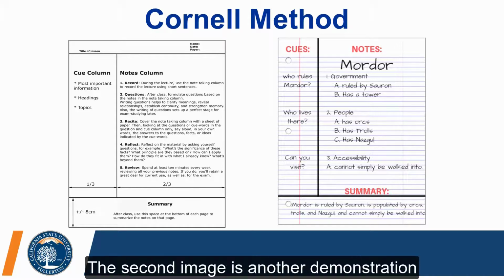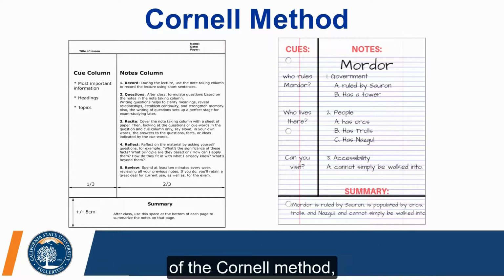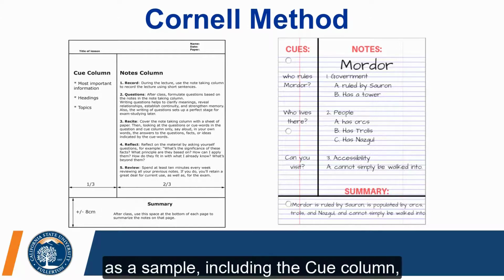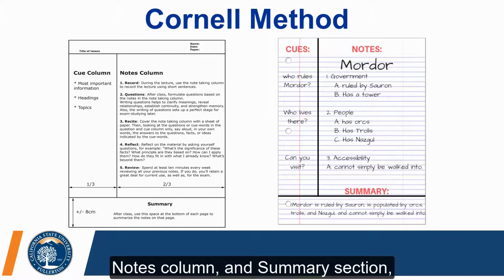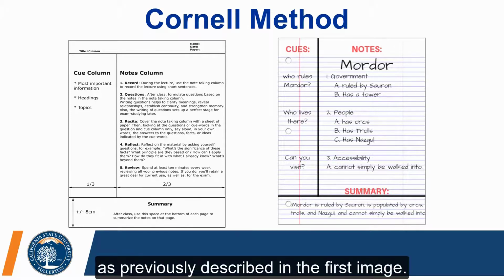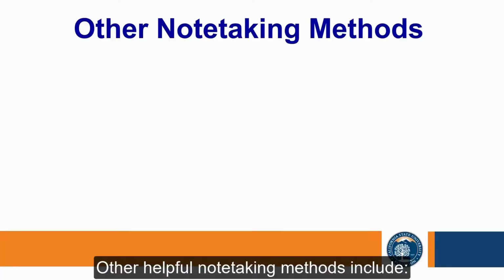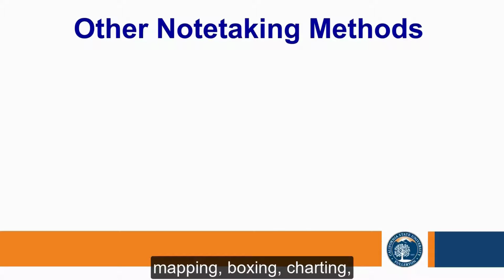The second image is another demonstration of the Cornell method with a specific lecture topic example as a sample, including the cue column, notes column, and summary section, as previously described in the first image. Other helpful note-taking methods include mapping, boxing, charting, and the star sentences method.